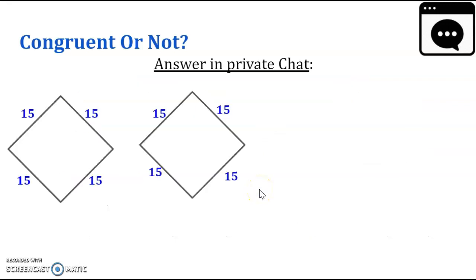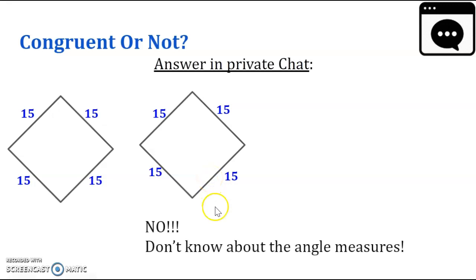Now I want you to tell me in private chat. Okay, so when you see these two polygons, two quadrilaterals or two shapes with four sides, are they congruent or not? No, because we don't know about the angle measures. They certainly look congruent. They look about the same length and same shape and everything else.